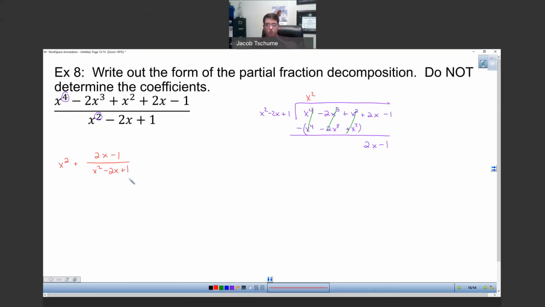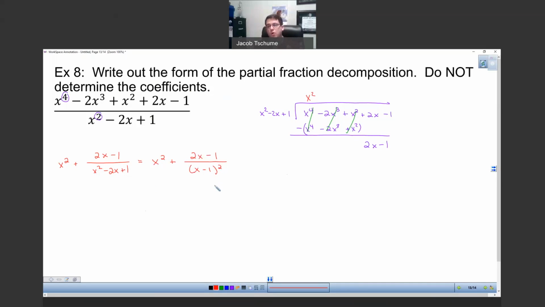Now, unlike the one we just did, this one actually does now become a partial fraction problem because the original denominator on your new fraction still factors. So I can rewrite this as x squared plus 2x minus 1 over the denominator, and the bottom of that fraction factors into x minus 1 all squared, which is actually a case 2 partial fraction.